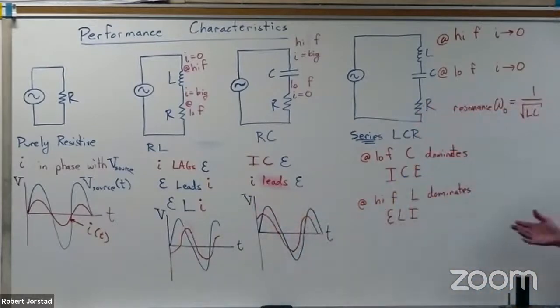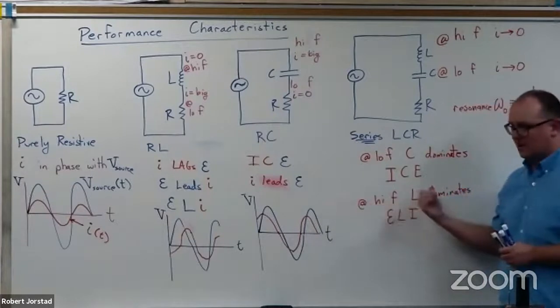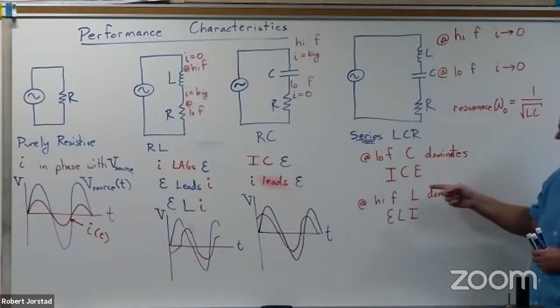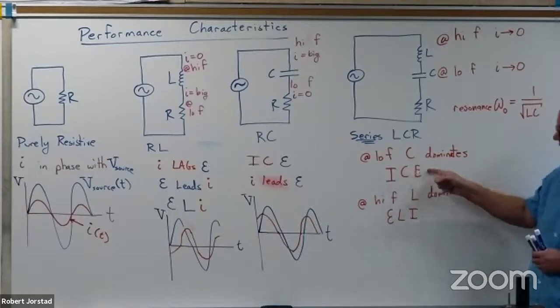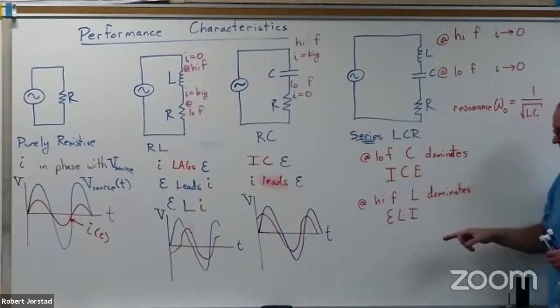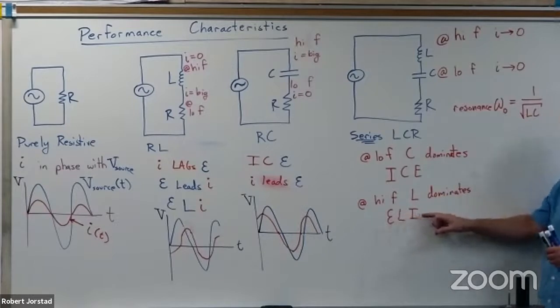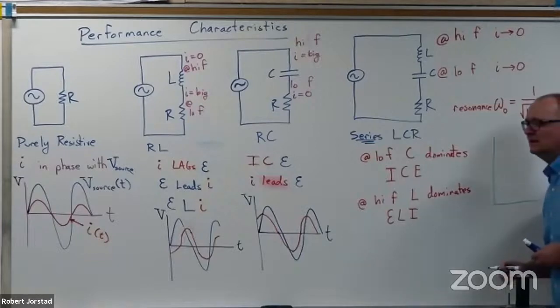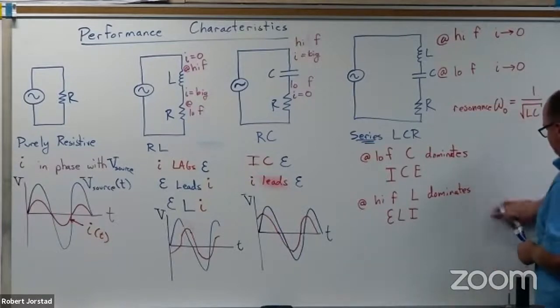We can't draw a simple voltage versus time graph here because sometimes the capacitor dominates at low frequencies, and we see current was peaking before voltage. At high frequencies, we saw that the voltage was peaking before current because the inductor was dominating. In this case, we could actually make a plot. I'm running out of board. I got to go lower.